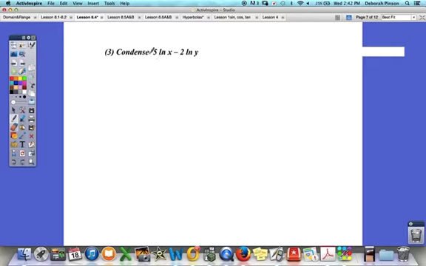First of all, I've got this 5 out front here that I'm going to move up to the exponents. I've also got subtraction. Subtraction means I'm going to use the quotient rule, division. All right, so I'm going to start by moving those numbers back up into their exponents. So natural log of x to the 5th minus natural log of y squared.